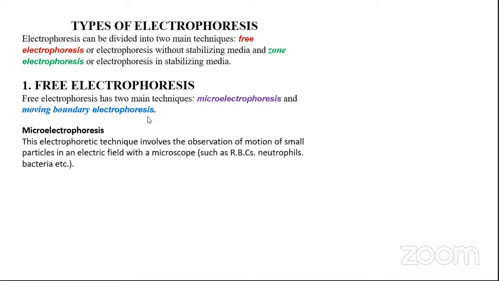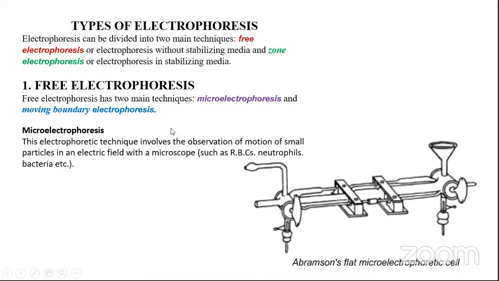So within free electrophoresis, there are two basic types of free electrophoresis that were developed. One is called the microelectrophoresis, about which we talked yesterday to some extent, and tried to understand what microelectrophoresis is all about and how it is operated. The instrument that was designed in order to conduct microelectrophoresis is called the Abramson's microelectrophoretic cell.